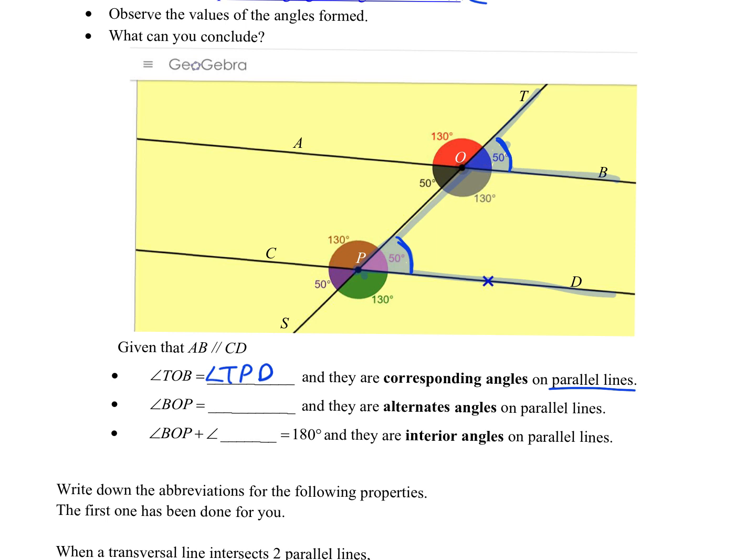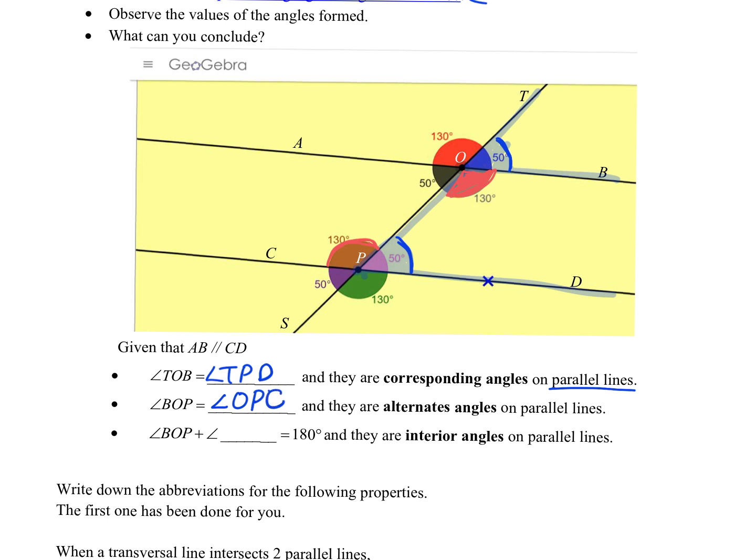Therefore they are equal. Next, we can also observe that the angle BOP, which is the angle over here, this angle is actually 130 degrees. This angle is equal to the angle over here, which is the angle OPC.